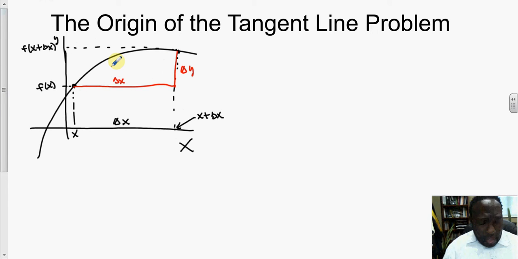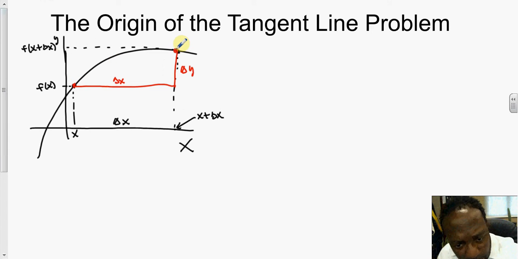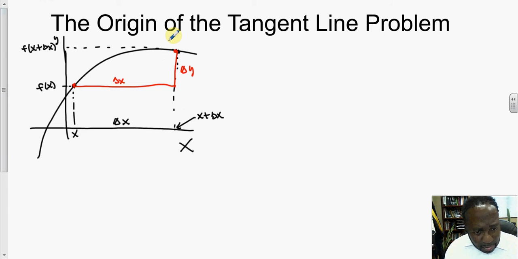The ratio of the change of y with respect to the change in x is said to be the slope. If you calculate the slope between these 2 points, that's defined as the slope of the secant. The slope of the secant is said to be the slope of a curve evaluated at 2 points, where 2 points intersect across a curve.